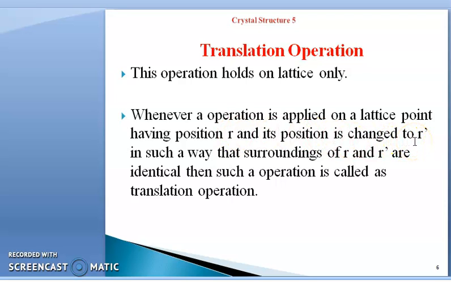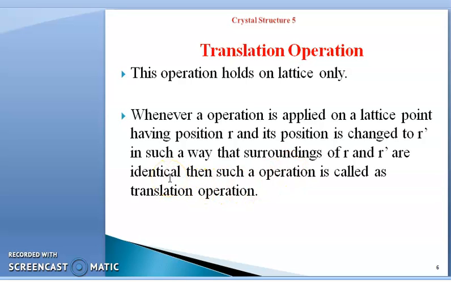But remember, it changes in such a way that the surroundings of R and R dash remain the same. There is no change in the surroundings of R and R dash. In short, the surroundings of R and R dash are identical.